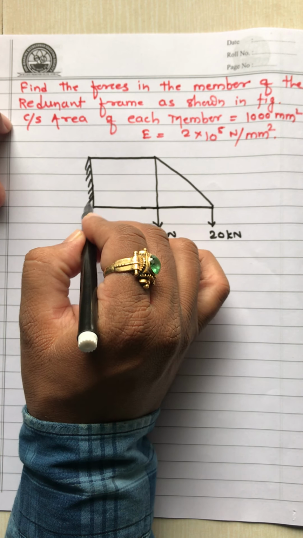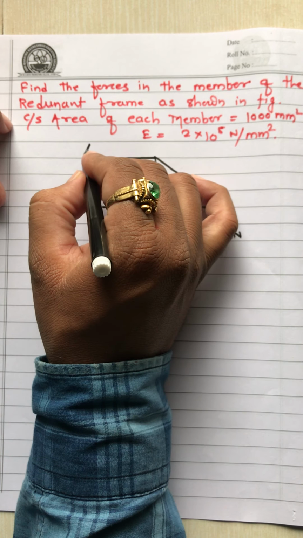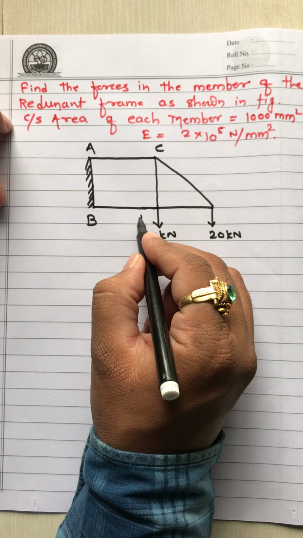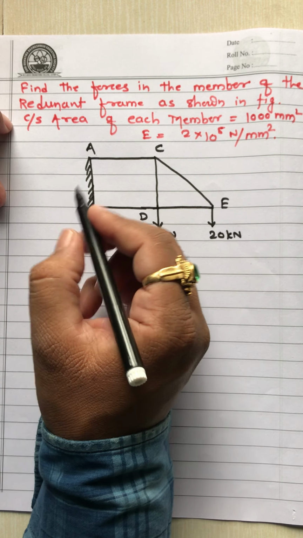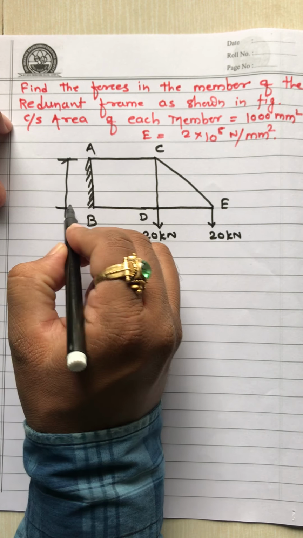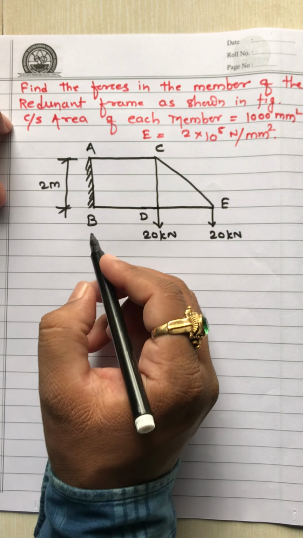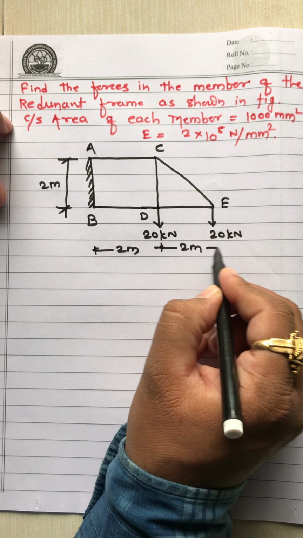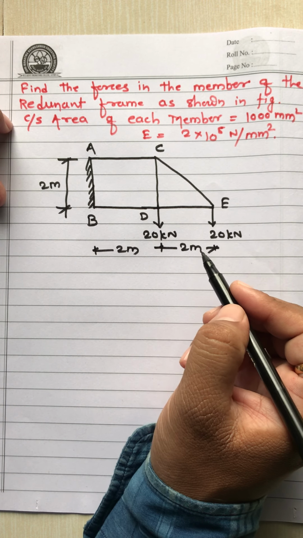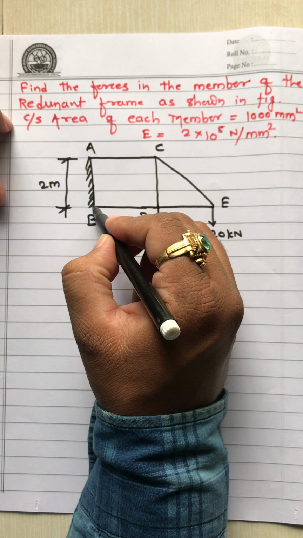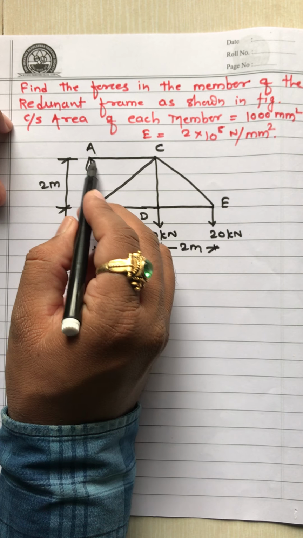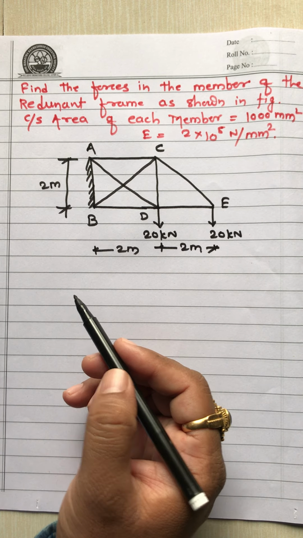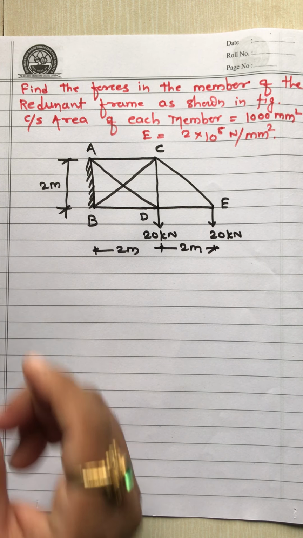So this is a cantilever truss A, B, C, D, E. This is 2 meter, again these lengths are 2 meter and 2 meter. Okay. So due to this, two diagonals are there, so this becomes a redundant frame. So we have to calculate the forces in the redundant frame.